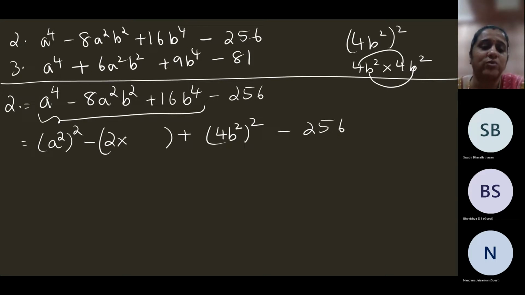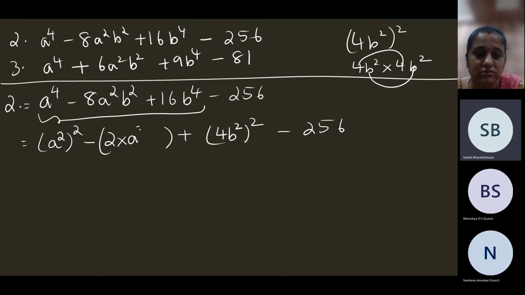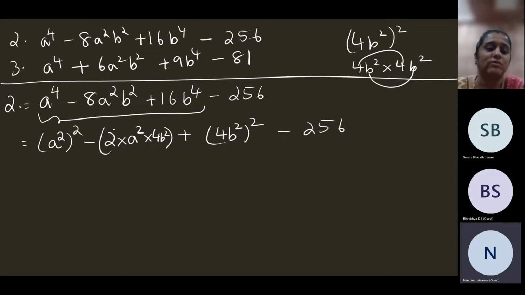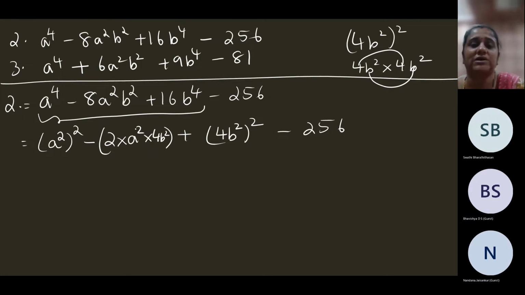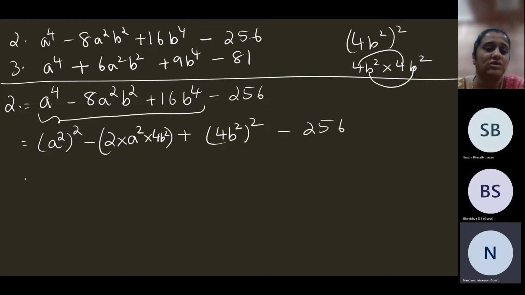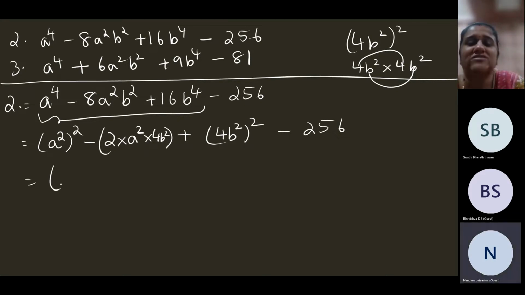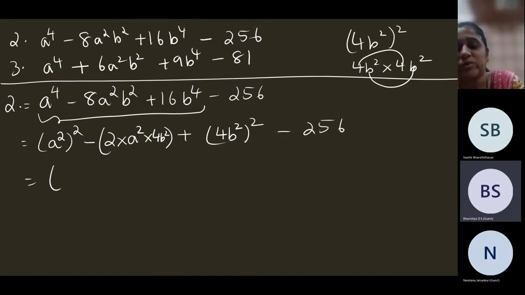So now what is 2xy here? A square into 4b square. Now check if you're getting the middle term. 8a square b square. Are you getting it? Yes, ma'am. When you multiply, 2 fours are 8, a square b square. Yes, we are getting the middle term. So these 3 terms are of the form x square minus 2xy plus y square.